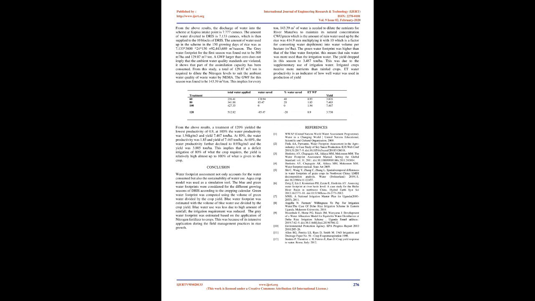Blue water footprint was estimated with the volume of blue water use divided by the crop yield. Blue water use was less, due to the high amount of rainfall the irrigation requirement was reduced. The gray water footprint was estimated based on the application of nitrogen fertilizer to crops. This was because of its intensive application during the field management practices in rice growth.